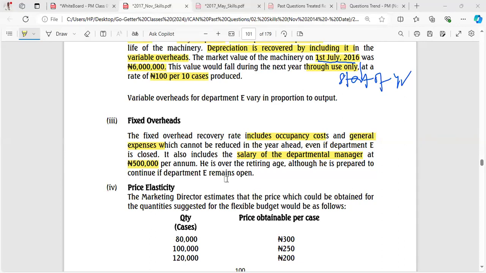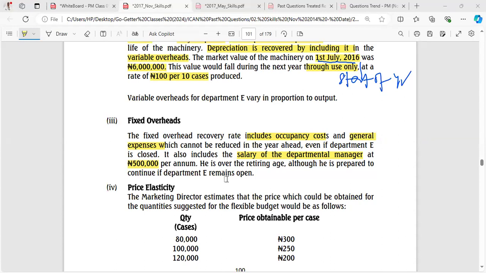So it is relevant because that is a cost specific to that department. If it is closed down, this cost will go.